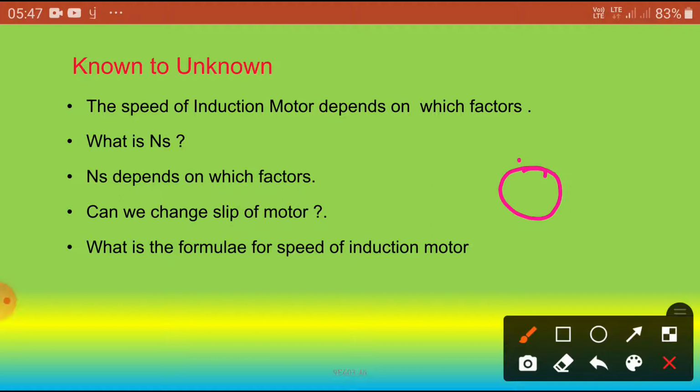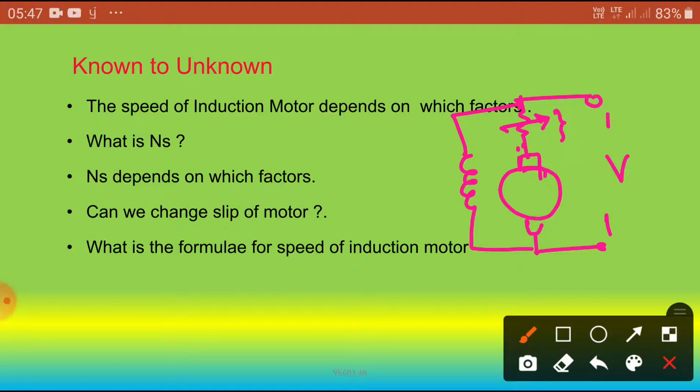Here we connected some resistance to the armature, then connected the field directly. Now the applied voltage is shared by this resistance and this resistance, so we can change the voltage across the armature terminals with the help of this one. If the full voltage is applied, the motor will run.